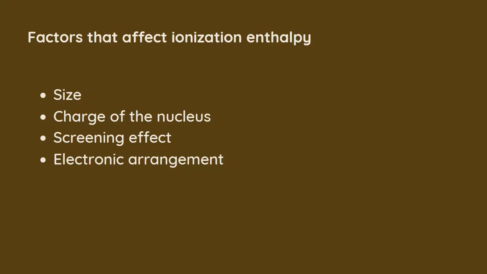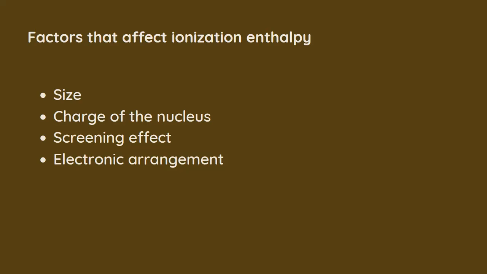Both are right. Next, charge of the nucleus. Obviously, when there is an increase in nuclear charge, there will be an increase in the ionization enthalpy. This is because when there is higher effective nuclear charge, the nucleus will be able to pull the electrons towards it. And then it automatically becomes very difficult to remove the electron.